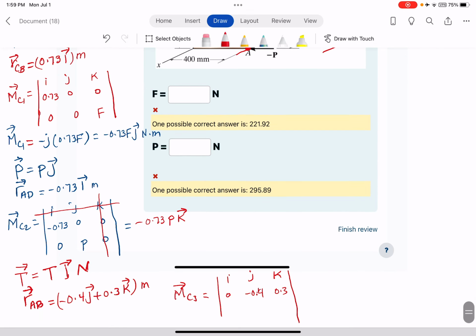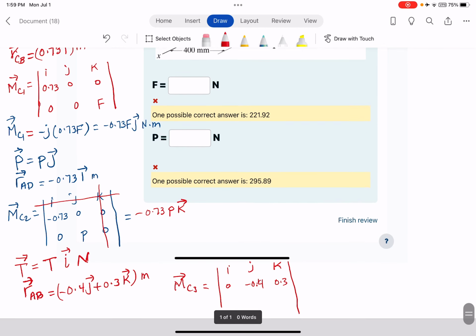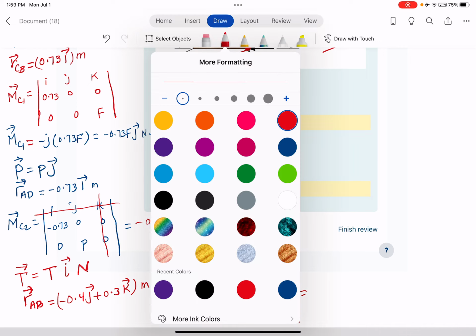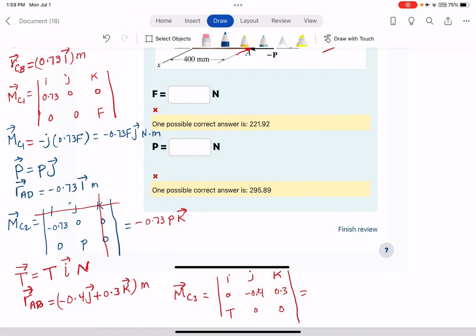This is TI, tension is T in the x-axis. So I'm going to put the tension here in the i, T, 0, 0. Then the i, nothing, 0, 0.